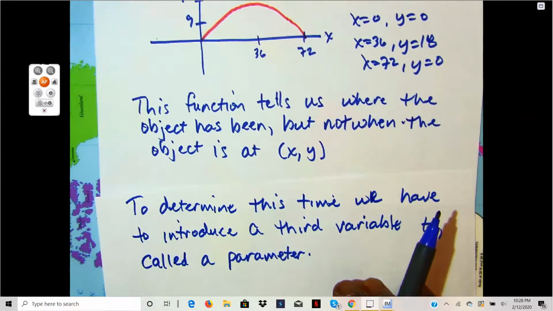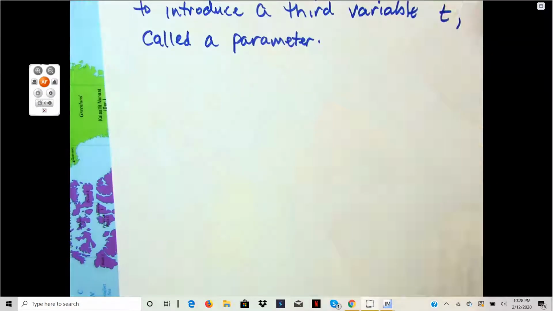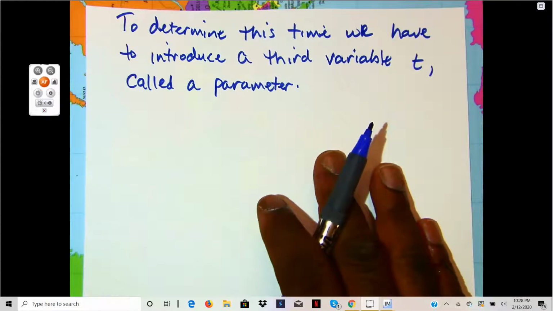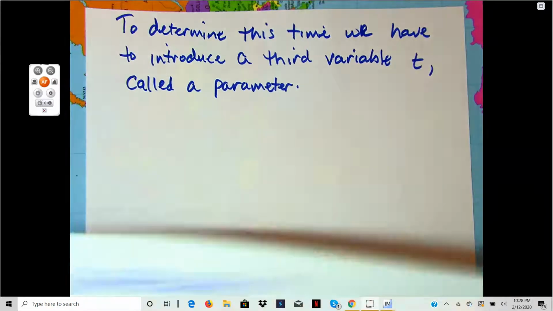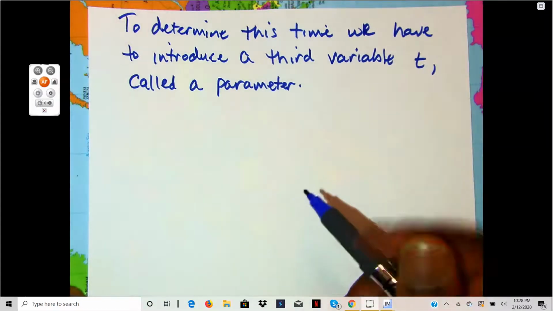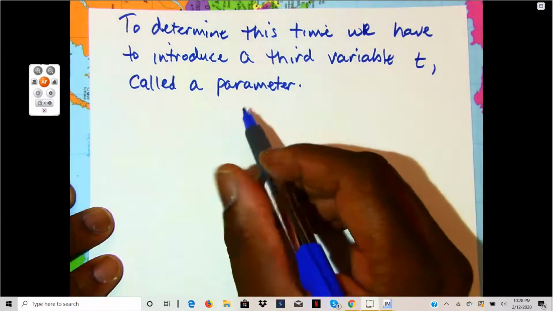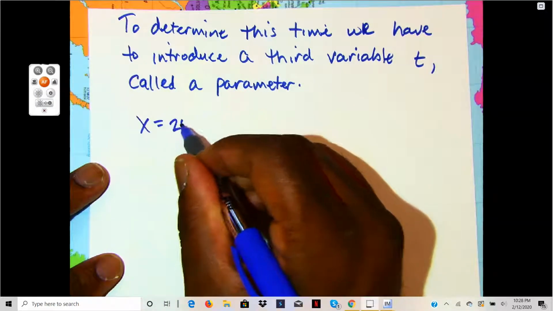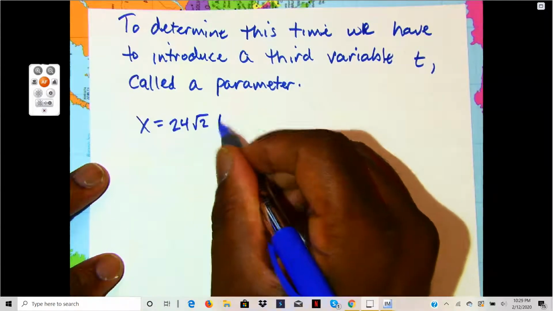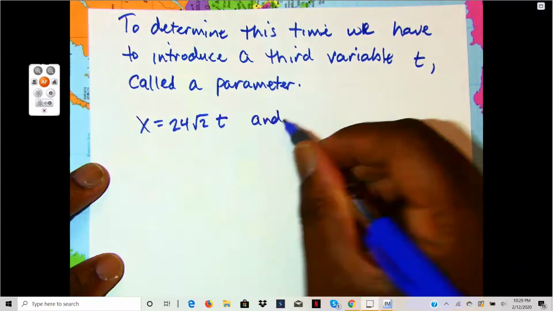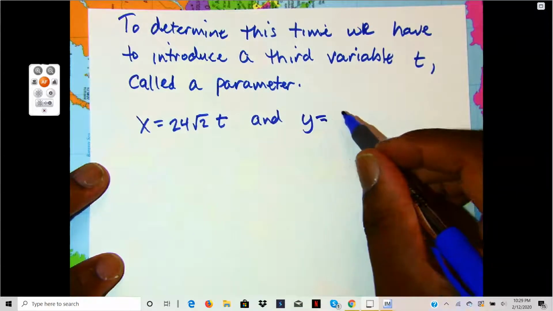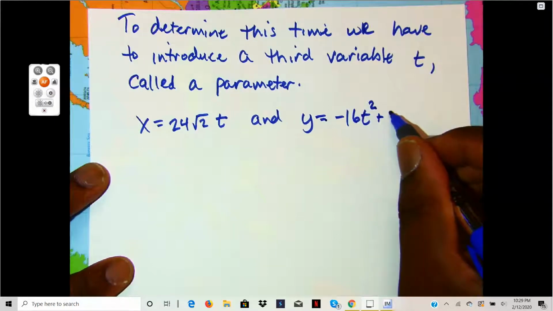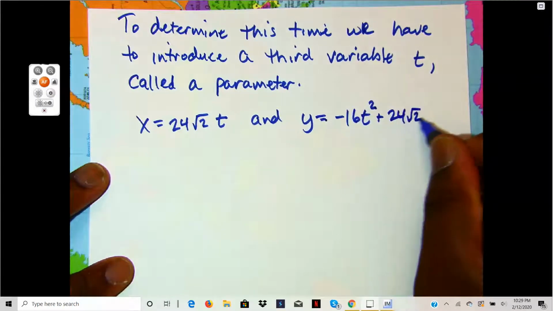So for the above example, and we'll learn how to do this later, the equation that would represent this would be x is equal to 24 times square root of 2 t, and y is equal to negative 16 t squared plus 24 square root of 2 t.